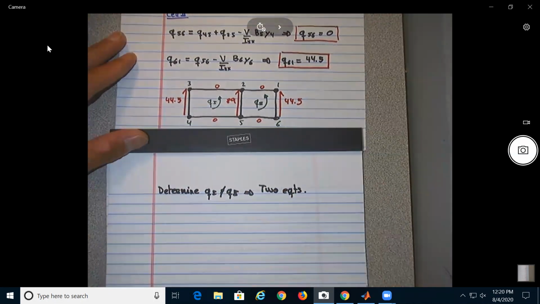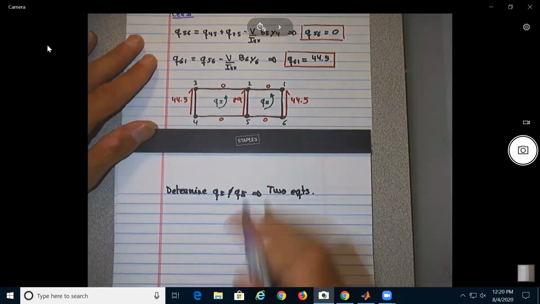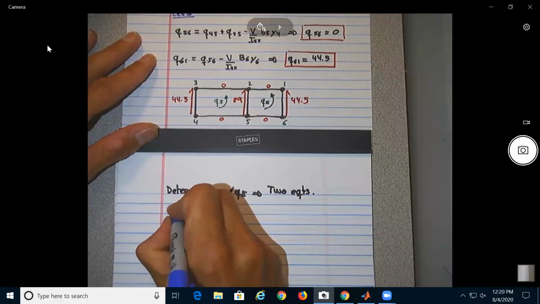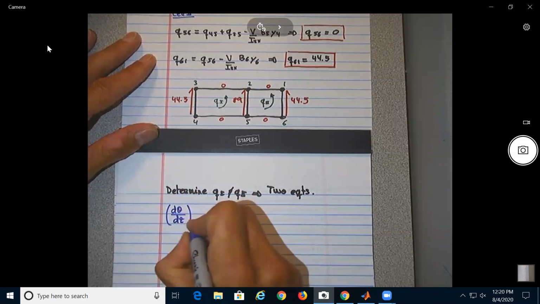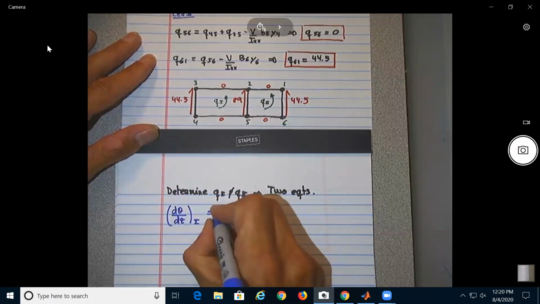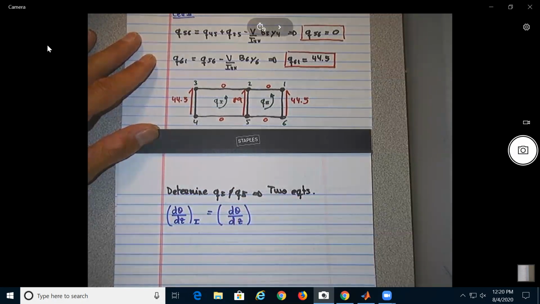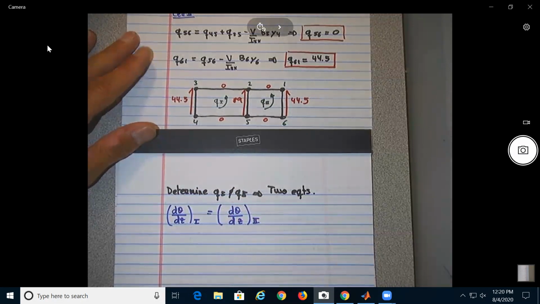All right, so the first equation, we're going to get it from what? We know that the angle of twist of cell 1 needs to be equal to the angle of twist of the second cell. Okay?